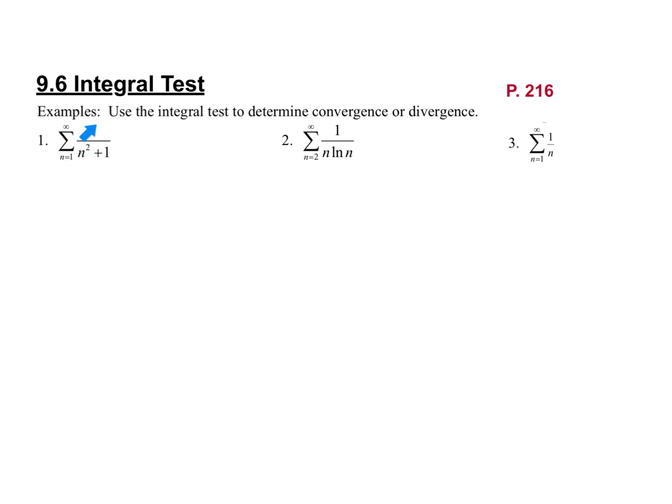So we're good on being positive. Is it decreasing? As n increases, this bottom increases, because this will be 1 squared, 2 squared plus 1, 3 squared plus 1, 4 squared. As n goes up, the bottom goes up, which means the fraction goes down.